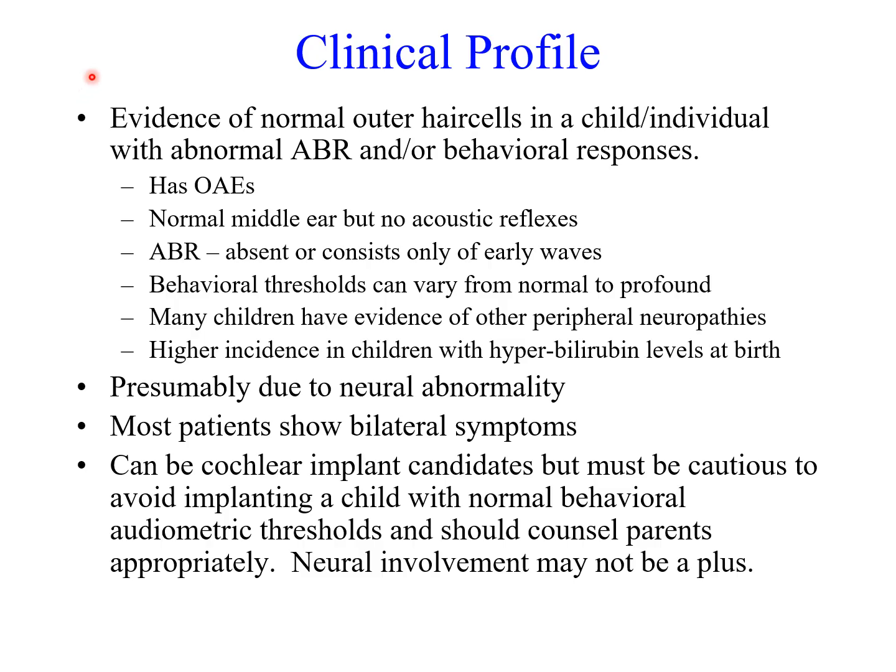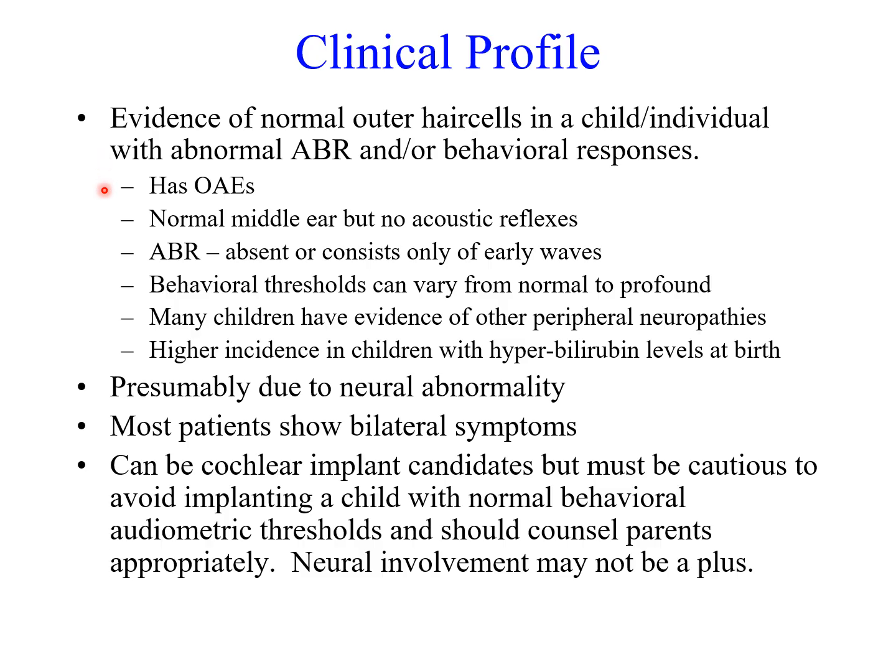So here is a possible clinical profile for patients with auditory neuropathy. The bottom line is you have evidence of normal outer hair cells in a child, infant, or patient. However, this individual has abnormal ABRs and or abnormal behavioral responses.